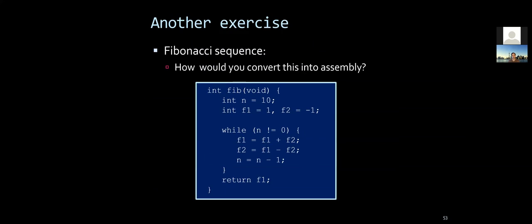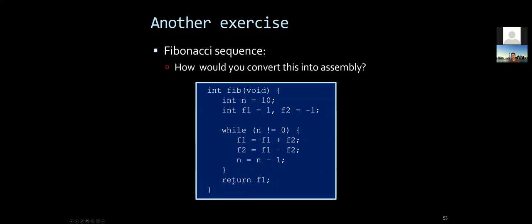So another exercise for you, and this time I will let you give it a try. Try to take this code here and convert it into assembly. This is a Fibonacci function. Essentially for n equals 0, that's the initial two conditions, and this is a while loop you need to write.